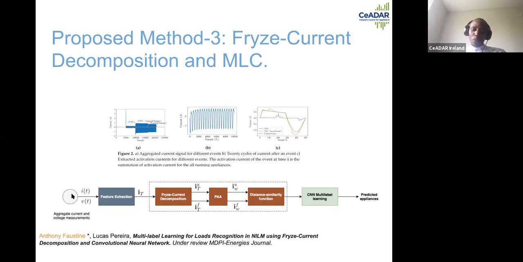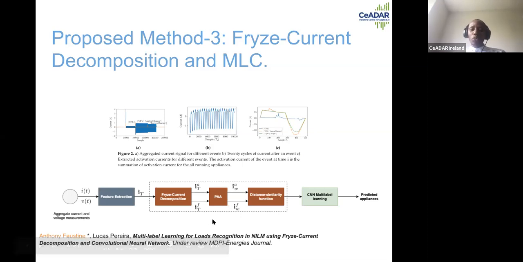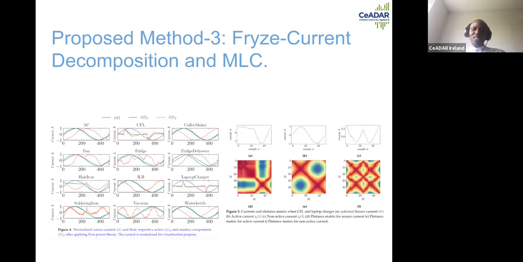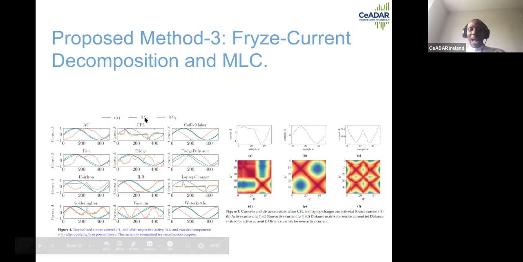We have done this approach and submitted a paper, which is under review at the MDPI Energies journal, and we tested this on aggregate signals. This is the idea: you monitor the current signal, and then you decompose this current into active and inactive components.